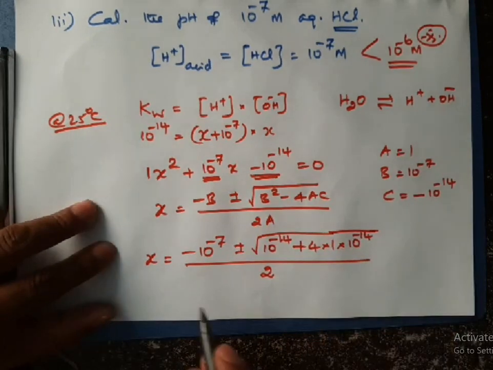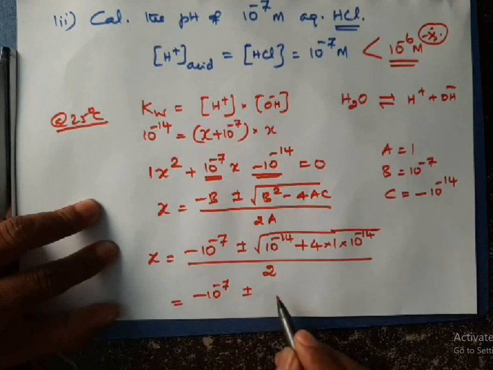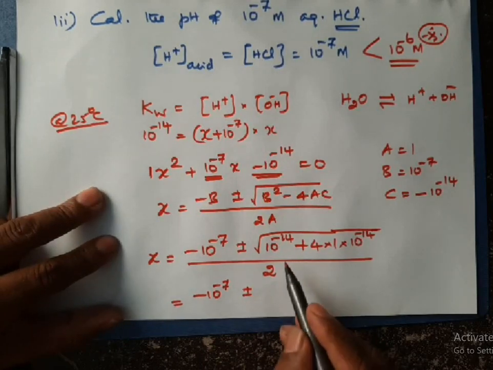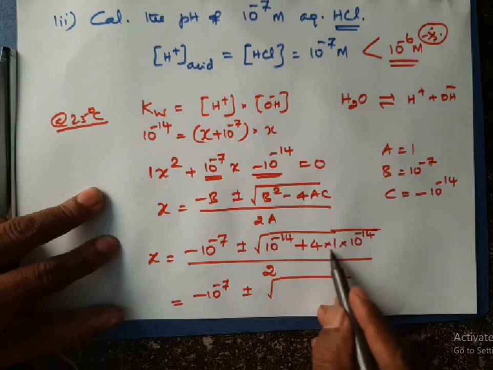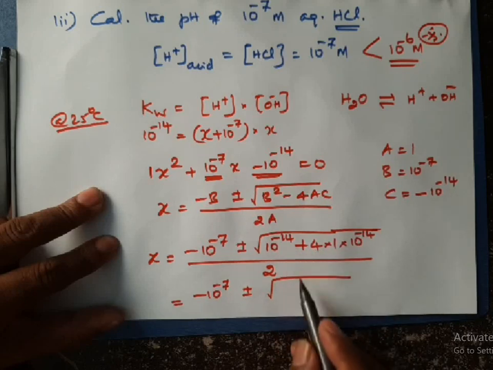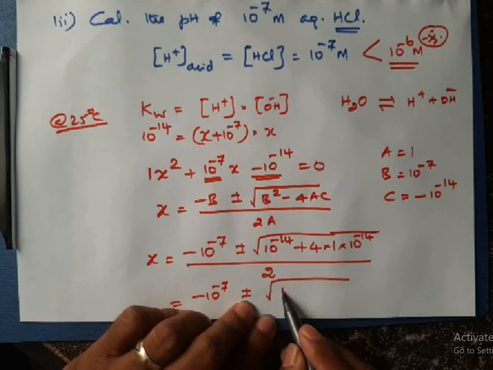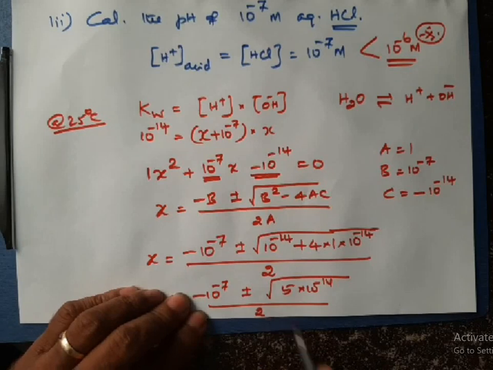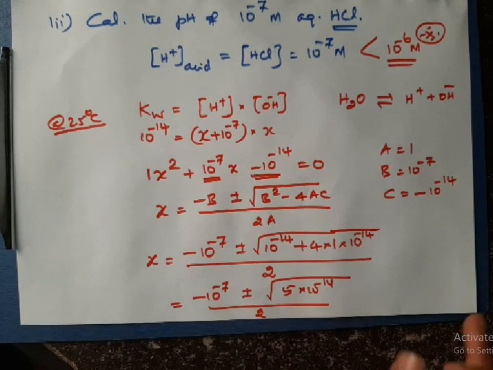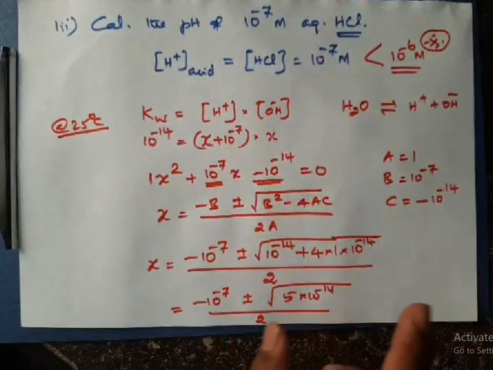This will give me minus 10 power minus 7 plus or minus, I'll take 10 power minus 14 as common, so I get 1 plus 4, 5 into 10 power minus 14, divided by 2. You know very well square root of 5 is 2.236, so let me write on the next page.